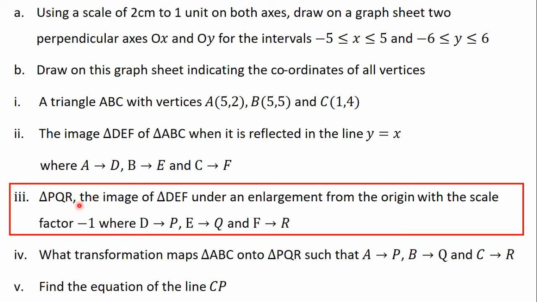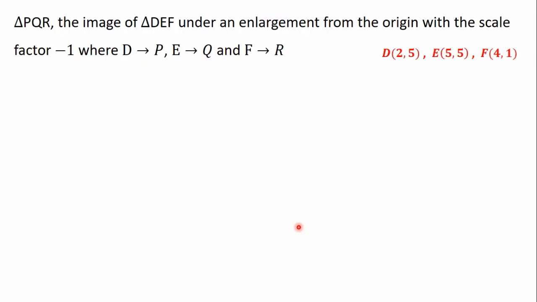In order to do that, we will enlarge the point D from the origin with a scale factor of -1 to get P. We will enlarge the point E from the origin with a scale factor of -1 to get Q. And we will enlarge the point F from the origin with a scale factor of -1 to get R.